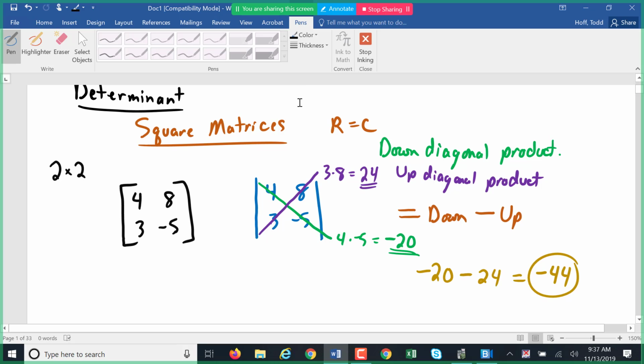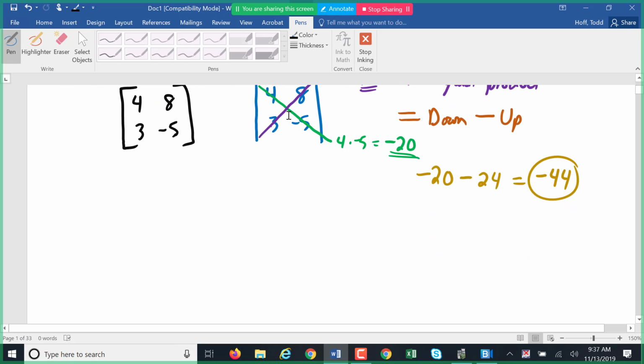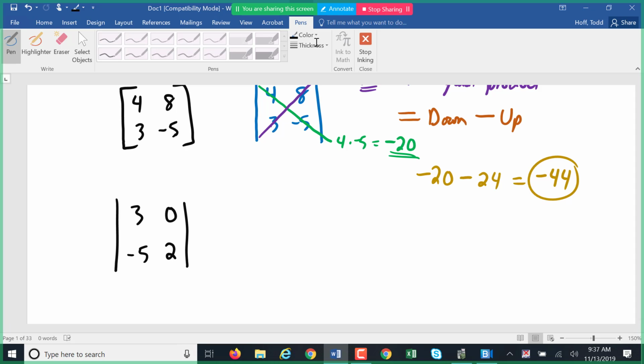Let's do one more example of that. So I'm going to use the straight brackets just to signify the determinant here. So here's our matrix, 3, 0, negative 5, 2. We're going to do the down diagonal product, which is 3 times 2 here. That's a 6.